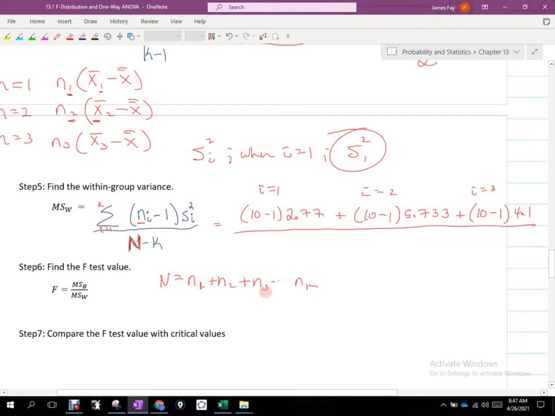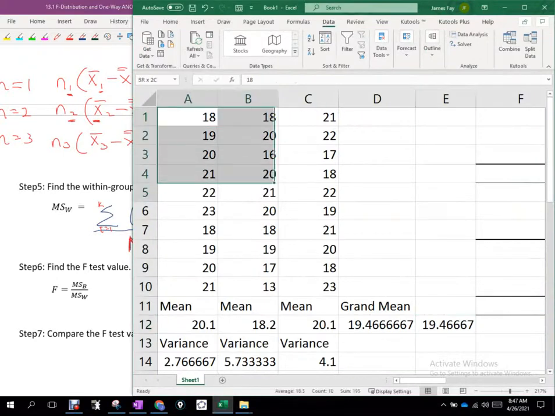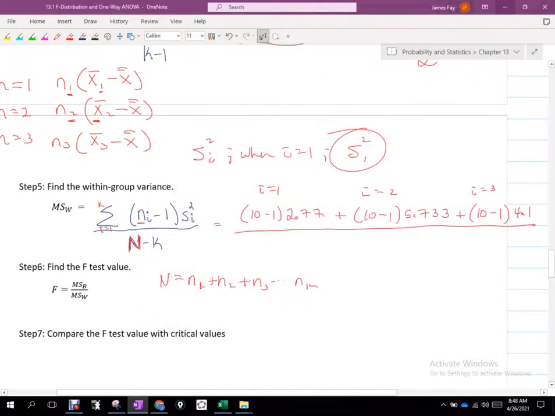We had 3 samples, each one had 10 in it, so in this case N would be 30. Does that make sense? It's basically counting how many values we had. So we have 30 minus K, where K was the number of samples. 30 minus 3 gives me 27 in my denominator.